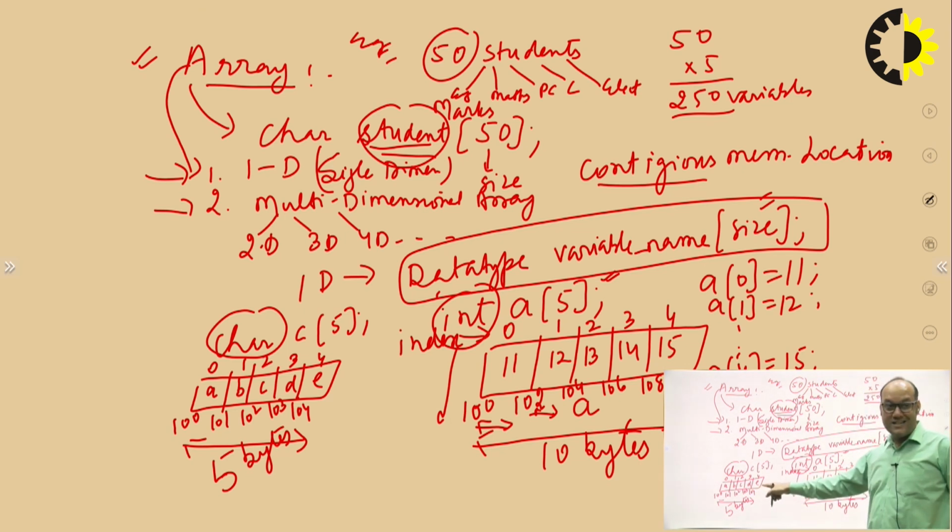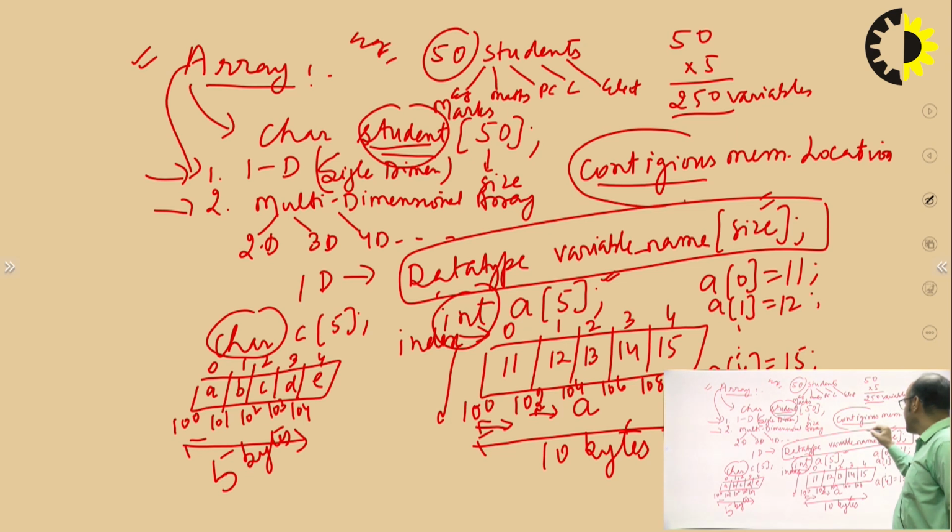So we can say that the memory is allocated contiguously, according to the type. If float is there, then each element will take 4 bytes of size. So we use the word contiguous here for defining this. How can the array be defined?